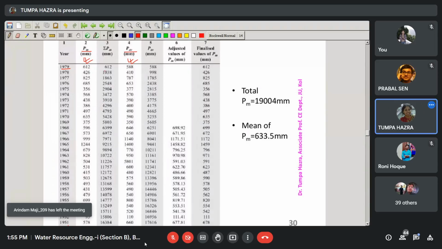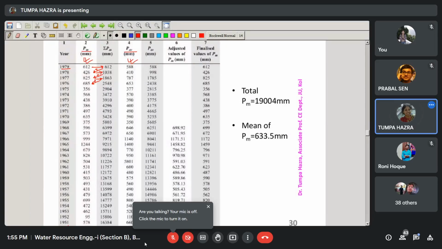Cumulative precipitation. So the first entry will be 612, the second entry will be 612 plus 426, the third entry will be 1038 plus 825, and the fourth entry will be the third entry of the third column plus the fourth entry of the second column.